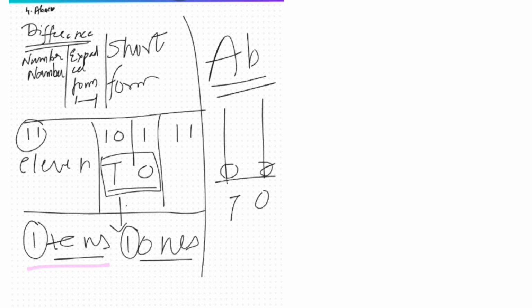This is how we represent it on the abacus. If I want to write 10 on the abacus, I draw ones and tens and put only one bead on the tens spike. So this represents 10.